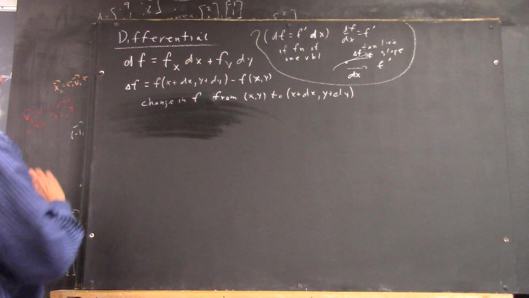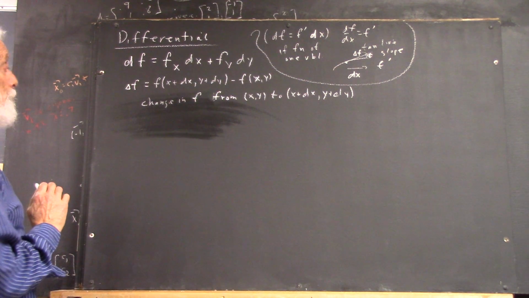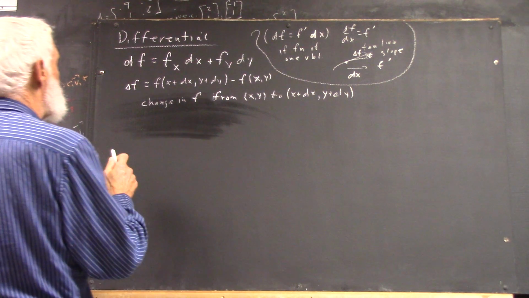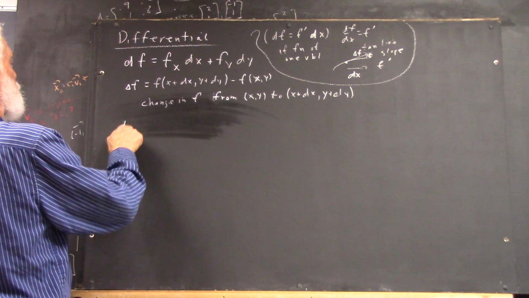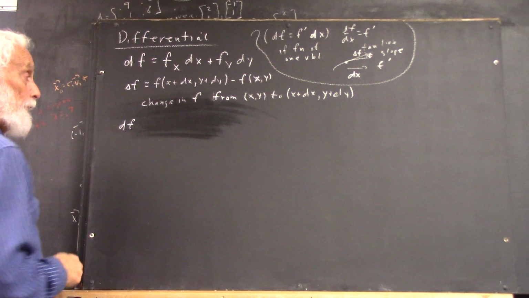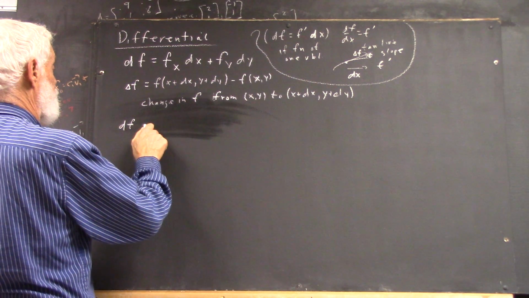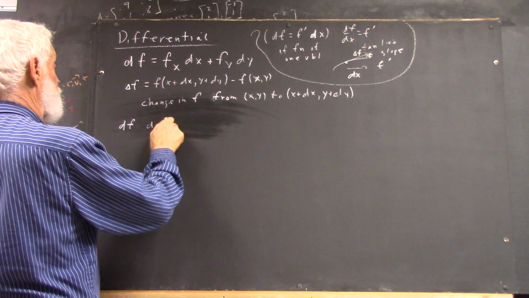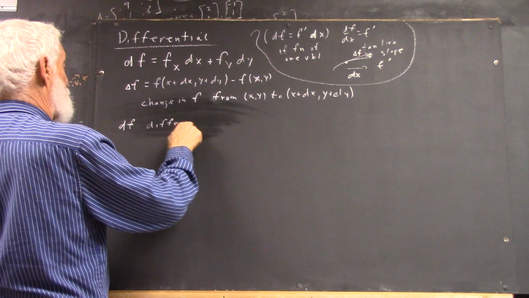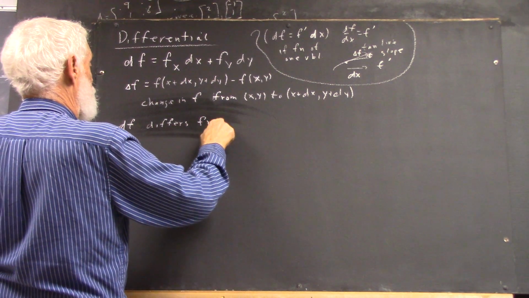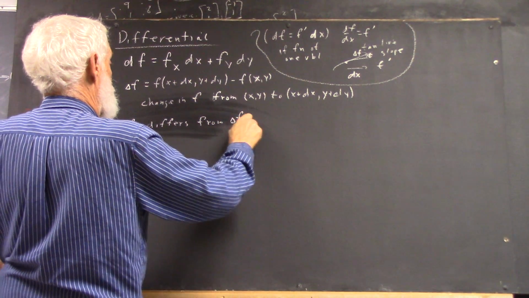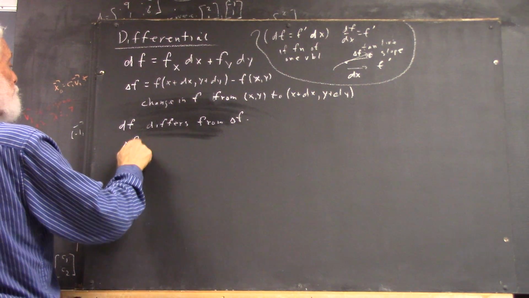Okay, so we have this, right? So df differs from delta f.